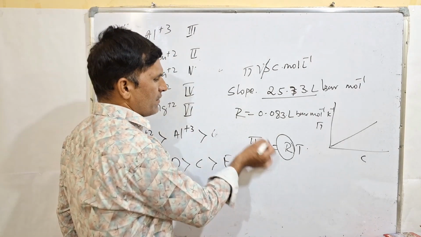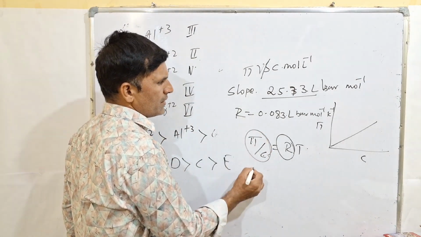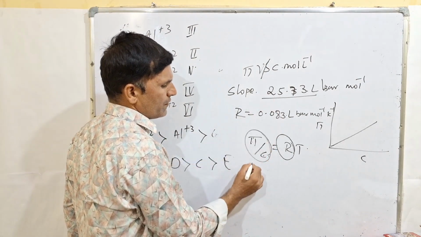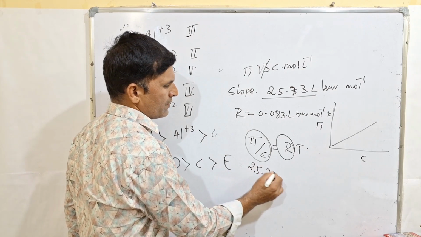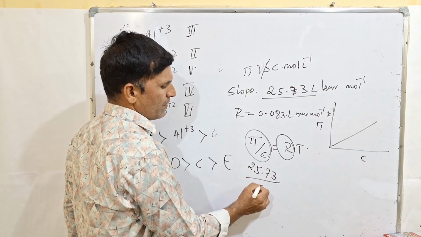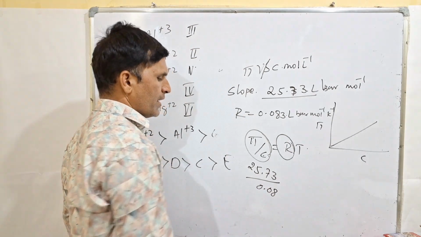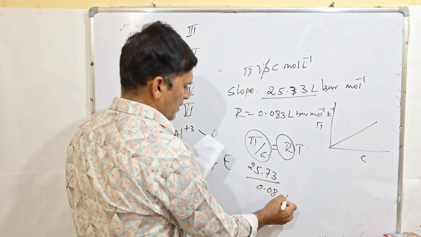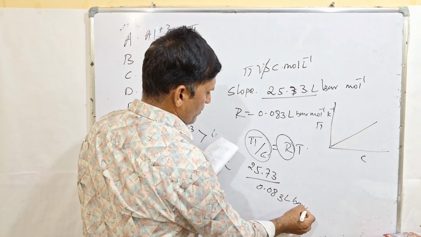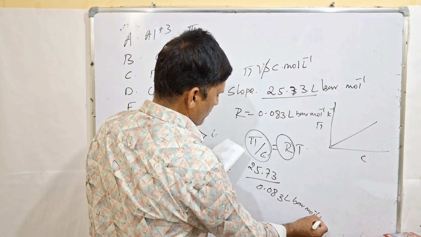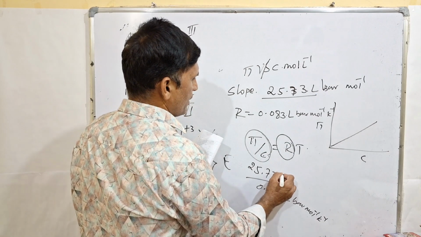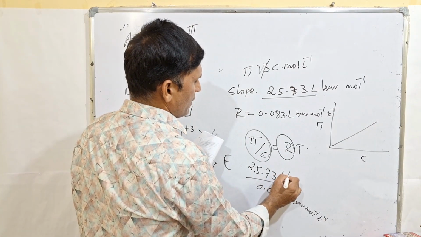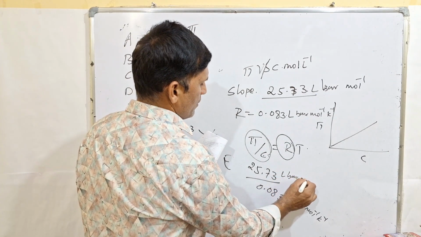Pi by C is given, that is your slope, 25.73. So the R value already given is 0.083 liter bar per mole per Kelvin, and here it is liter bar per mole.